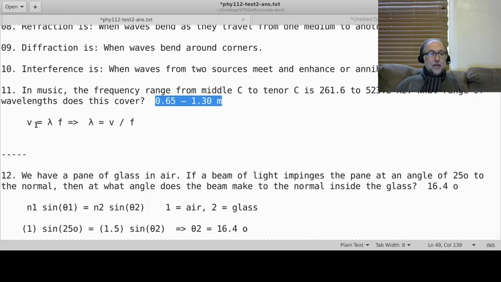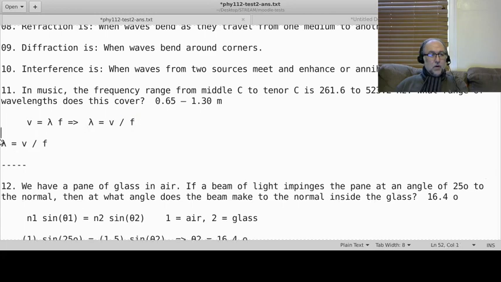Well, if you take this equation here, v equals lambda f, okay? And we're trying to solve for lambda, so just rearrange it so that you isolate lambda on the left-hand side. So lambda is going to equal v divided by f, all right? So let's use that equation. We have to use it twice, once for the middle C and again for tenor C, okay? And so the velocity, well, here we're talking about sound.